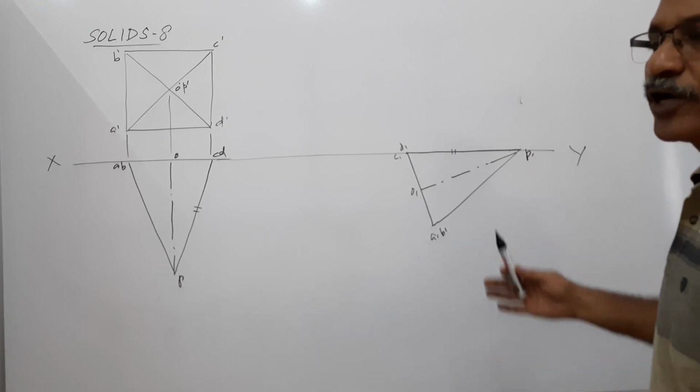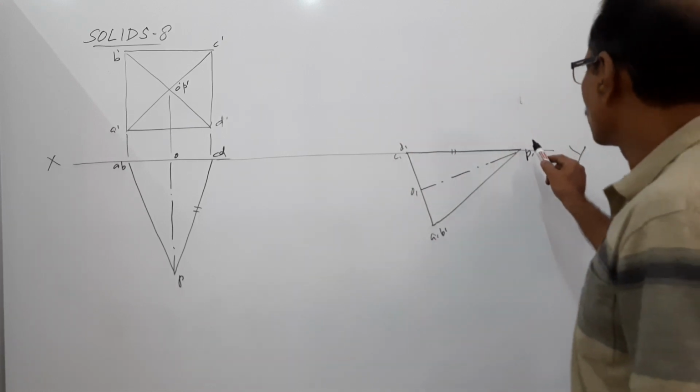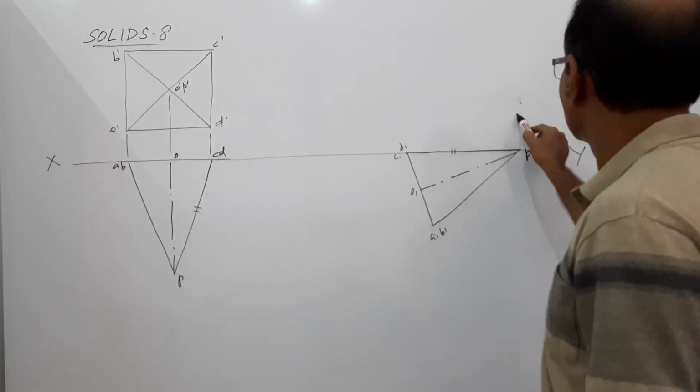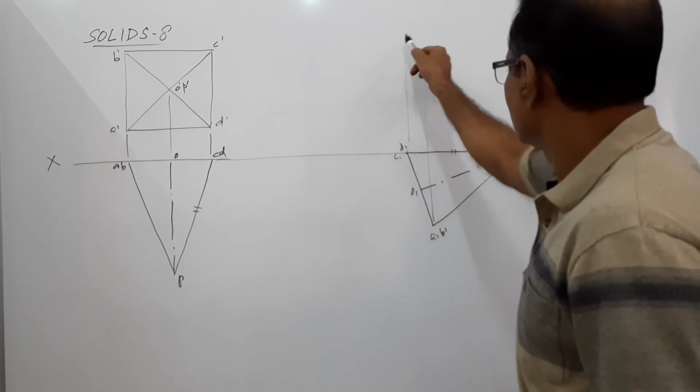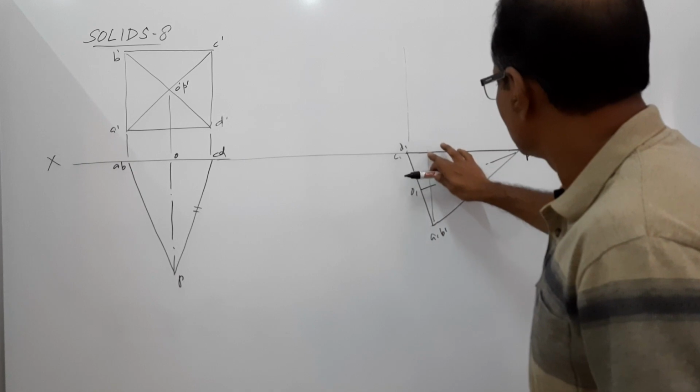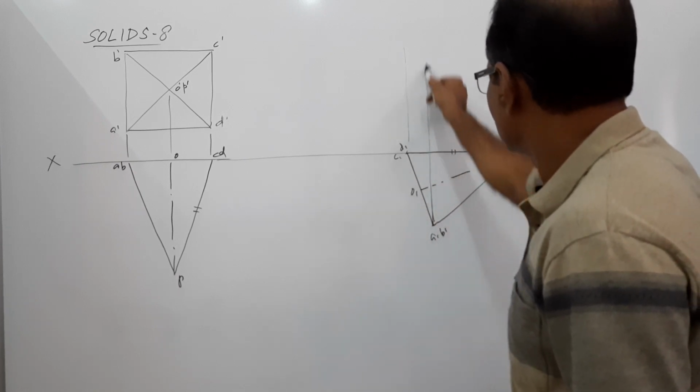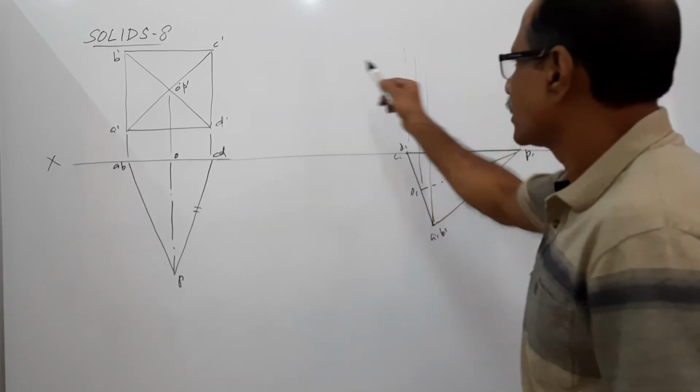What do you want now? You have to draw a new elevation. How do you do that? Draw vertical projectors up. Very light. Draw horizontal projectors.